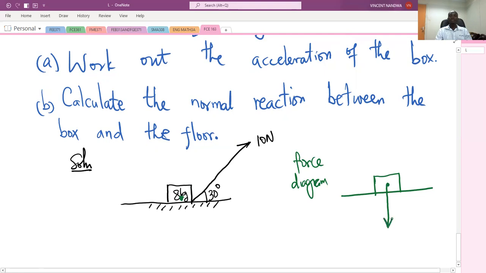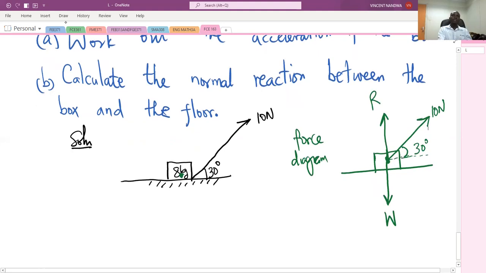We have the weight of the box, and then we have the normal reaction, which is perpendicular to the surface, or actually directly opposite to the weight. And then if we translate this force here, we have this 10 newtons, and this angle here is 30 degrees. So this is our force diagram.